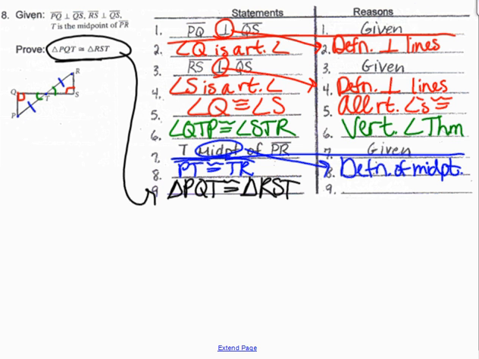Right, finally, we have our 3 congruent parts. Now I have to figure out why they're congruent. So I have 2 angles and a side, but not between these 2 again. So the side is not in between the 2 angles, otherwise it'd be right here, but it's not. So this is going to be angle, angle, side.